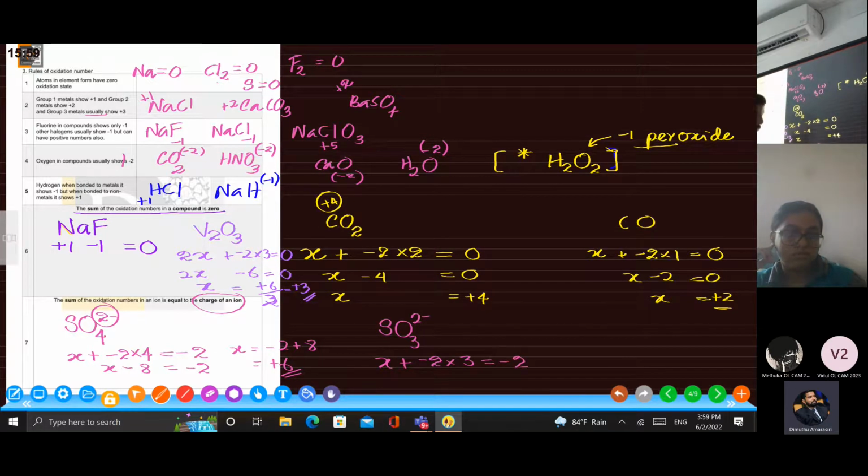Therefore x minus 6 is equal to minus 2. X is equal to minus 2 plus 6. Therefore, it is plus 4. That's the difference between sulfate and sulfite. They are in two different chemical states. Is that clear? Rule number 6 and 7.